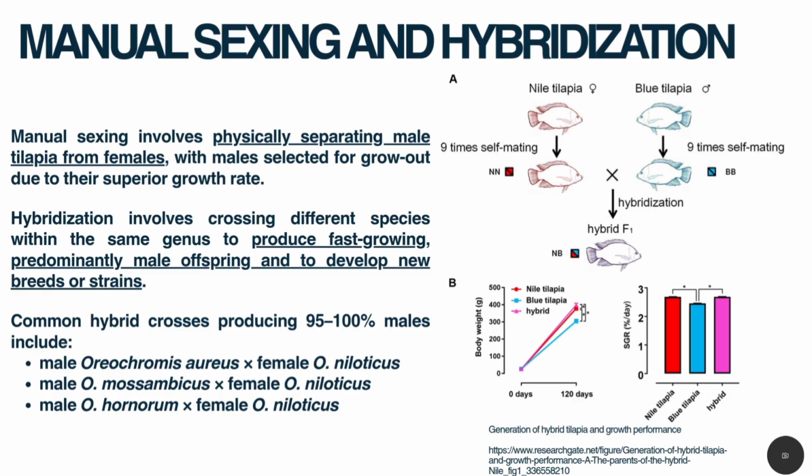Common hybrid crosses can produce about 95 to 100% males, such as crossing male Oreochromis aureus, mossambicus, or hornorum with female Oreochromis niloticus. These methods help improve production efficiency while controlling unwanted reproduction.